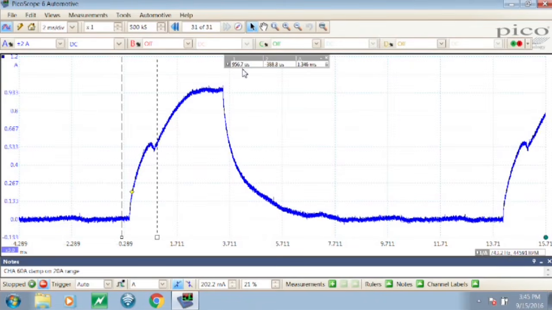You can already see that we have a wide variation of the injector offset. I'm going to readjust my cursors for the knockoff injector to get its injector offset, and it has an offset of 833 microseconds, nowhere close to the Bosch injector.